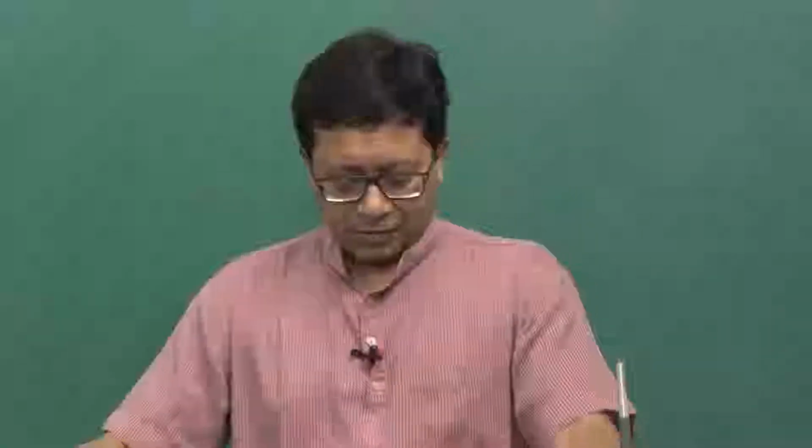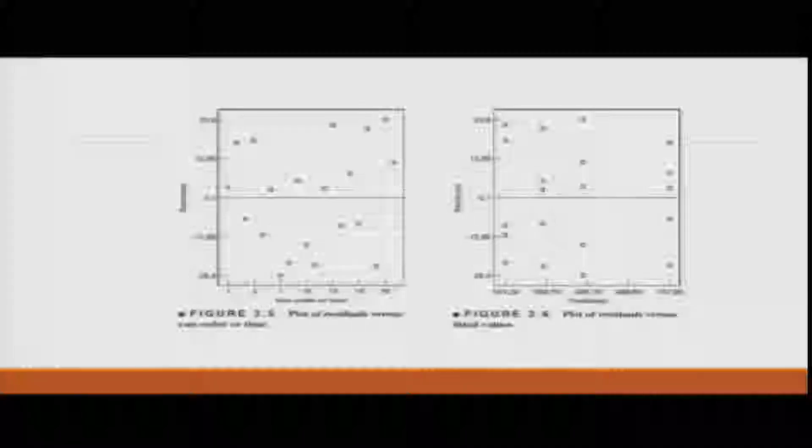If you remember, we were discussing the residual plots, the QQ plots, the normality, and how we can find out some idea about the normality. This is figure 3.5 and 3.6 taken from Montgomery's book. Here we have the run order or time along the x axis for figure 3.5, and along the y axis you have the residuals.